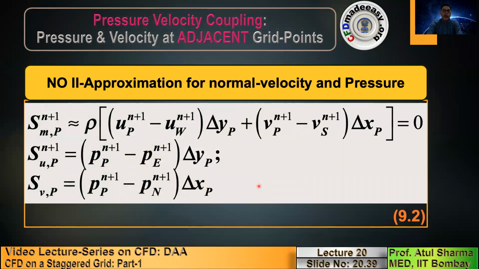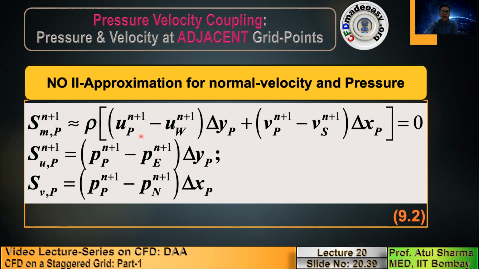So finally, I want to highlight that in the mass conservation and in the pressure term, you don't use any second order approximation for normal velocity and pressure in a staggered grid. Although we need mass fluxes, not only in the mass conservation, we also need mass fluxes to calculate the x momentum flow rate and y momentum flow rate, for which I have used different symbols, mu and mv, and for which we use a linear interpolation.